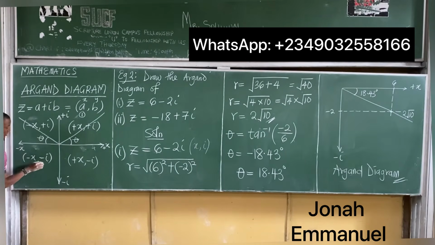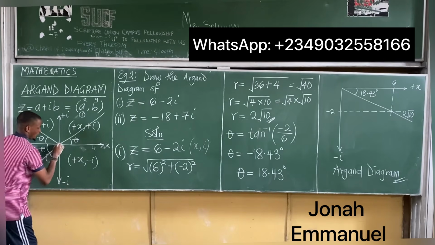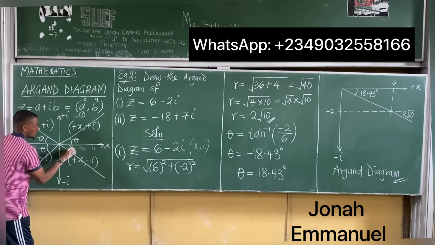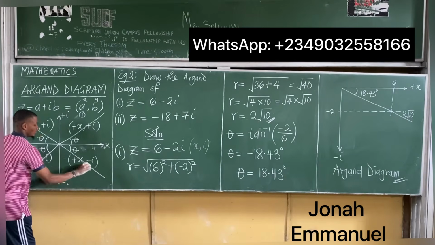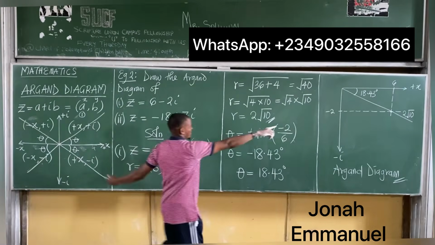For quadrant 3, if I have this line here, theta will be this way, between modulus and horizontal. Finally, for quadrant 4, like this, theta will be here between modulus and horizontal, just as we have in this case. So see where I place theta here.